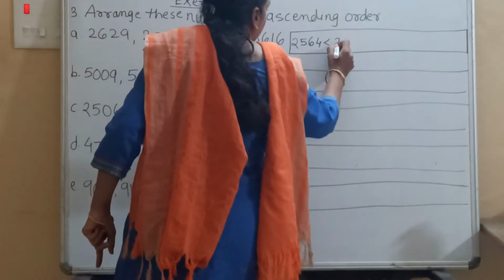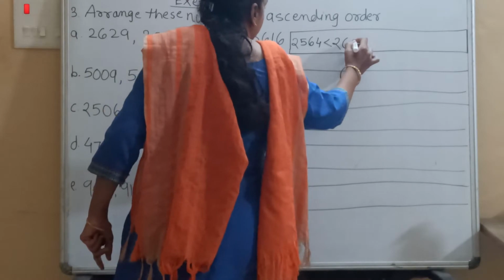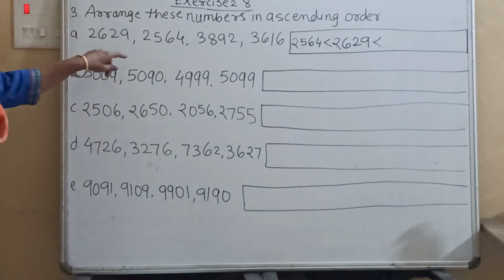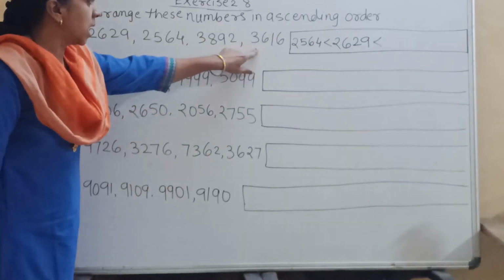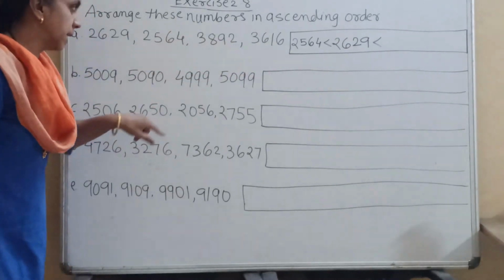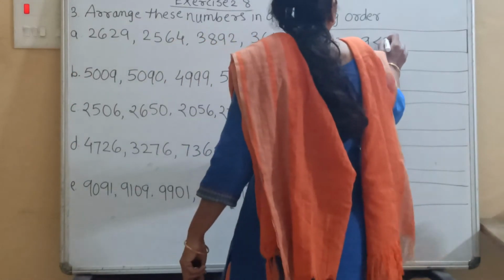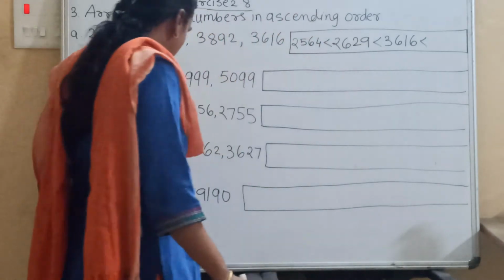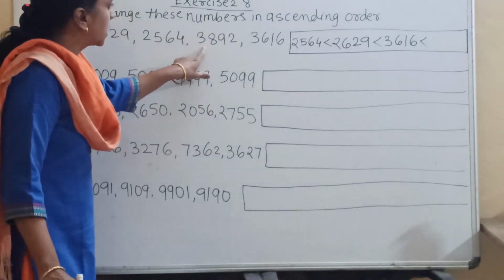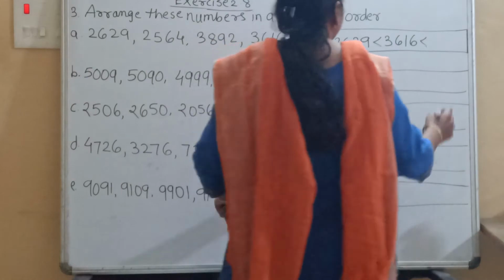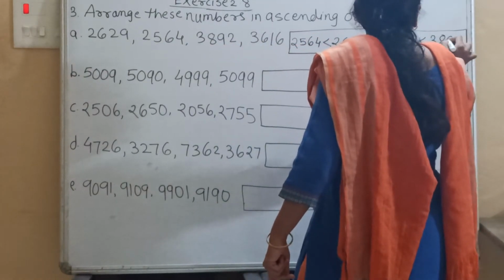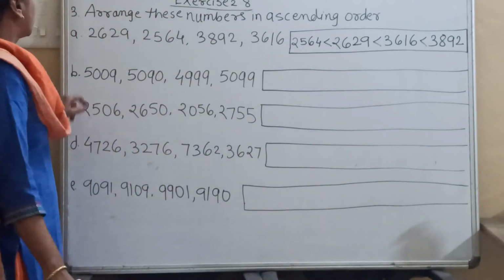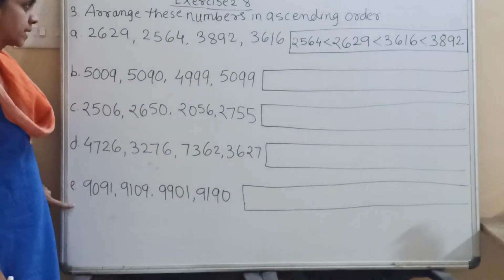So you write down here 2629. Then bigger than this number, which number is there? 3616. Then bigger than this number is 3892. So in this way we have to complete all these examples.